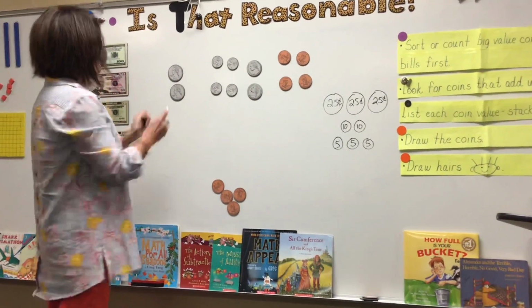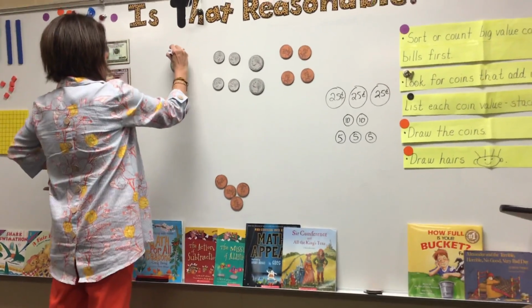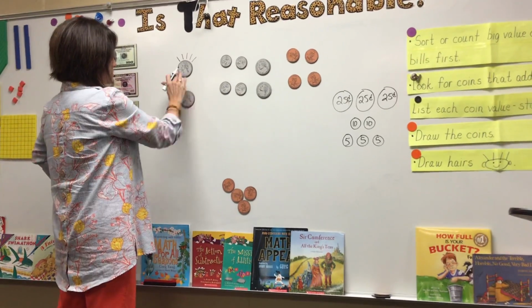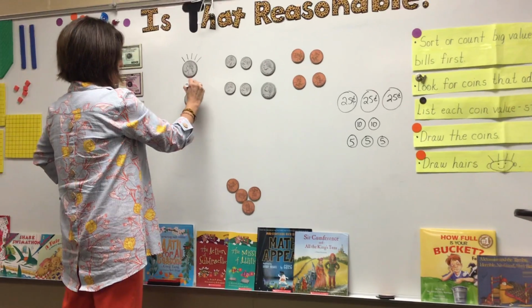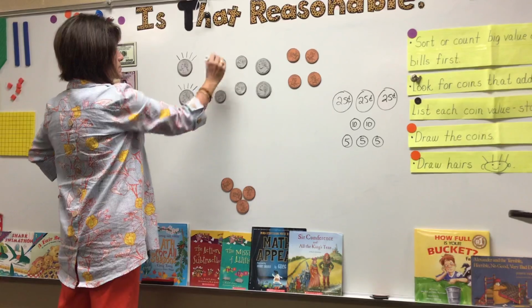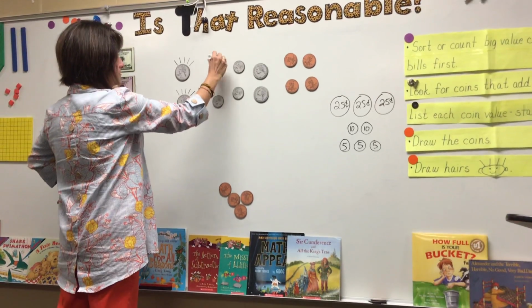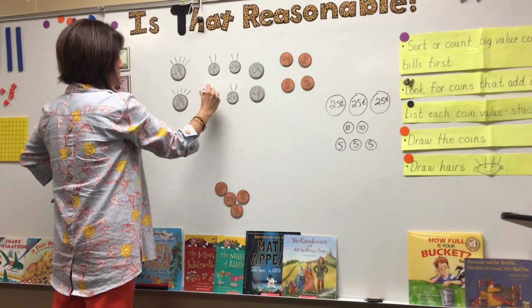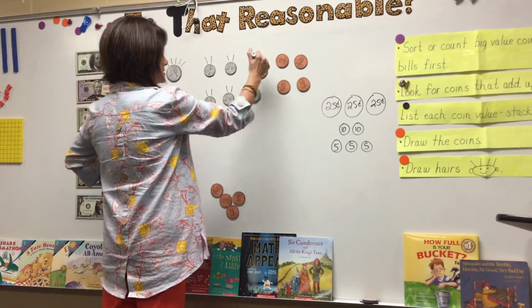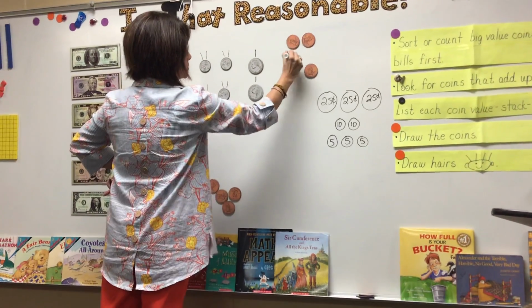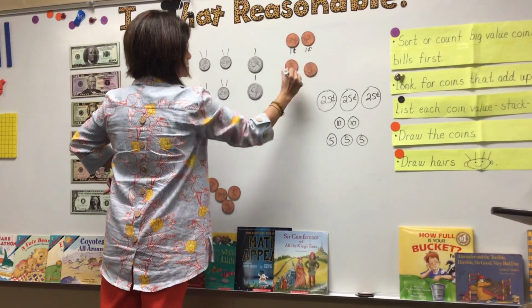Okay, so if I were going to do quarters, he would get 5, 10, 15, 20, 25. This one would get the same, 5, 10, 15, 20, 25. These dimes are worth 10, so we go 5, 10, 5, 10, 5, 10, 5, 10. These only get 1 hair, and these don't get hairs. We just put 1 cent by them and get those at the end.